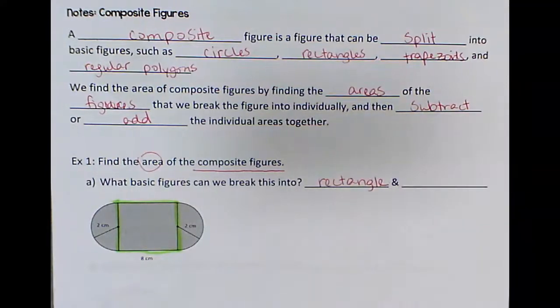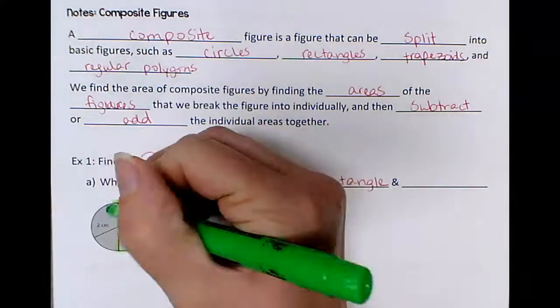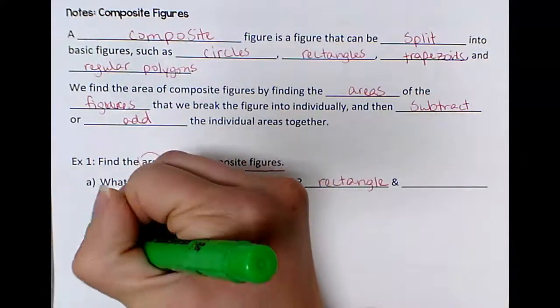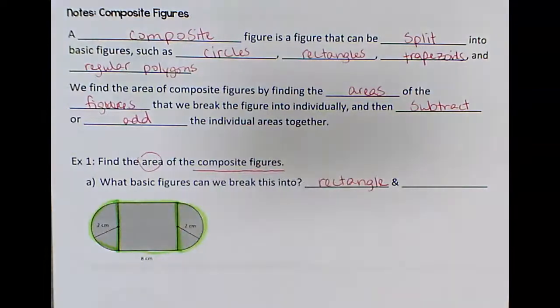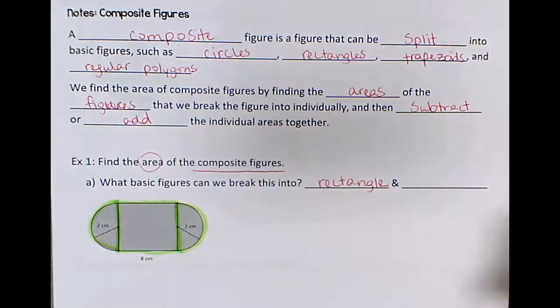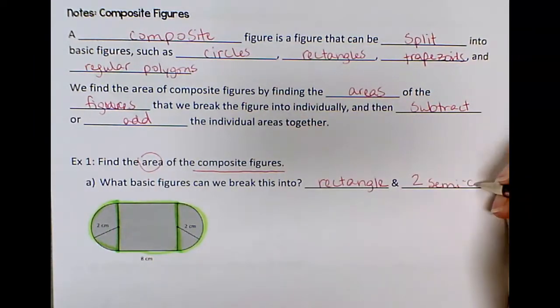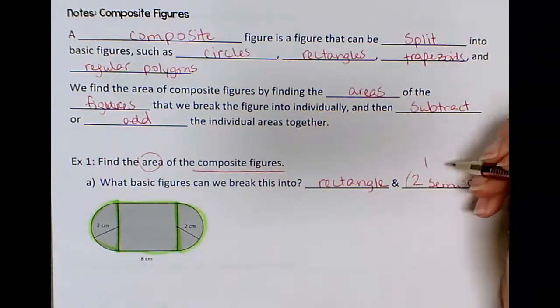And then we also have these two semicircles, right? And I noticed that these two semicircles have the same radius. So if there are two semicircles with the same radius, then two semicircles together really make one circle.